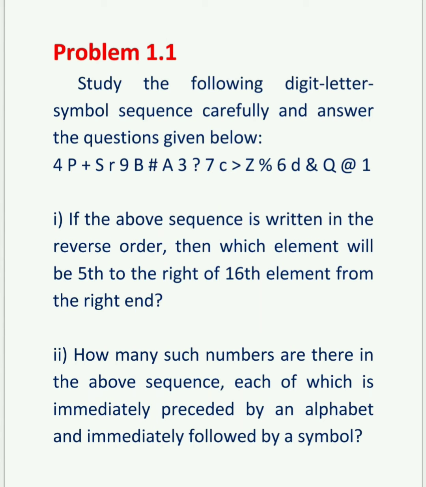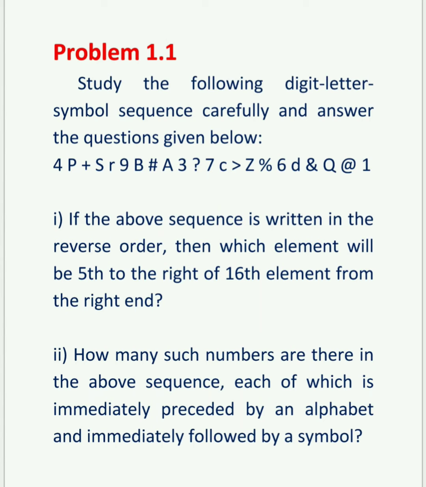There are two questions. Number 1: if the above sequence is written in the reverse order, then which element will be the fifth to the right of the 16th element from the right hand?